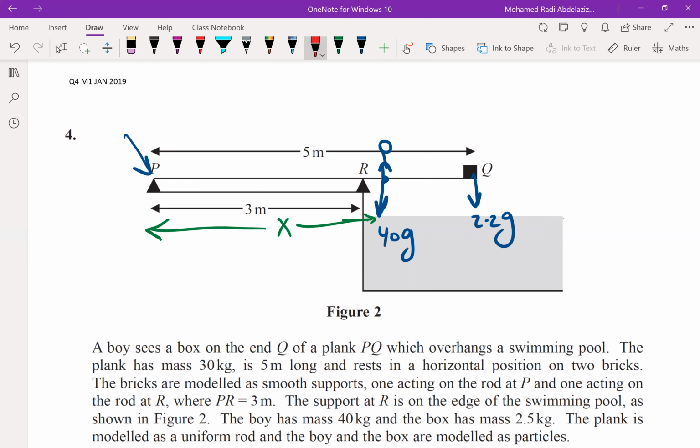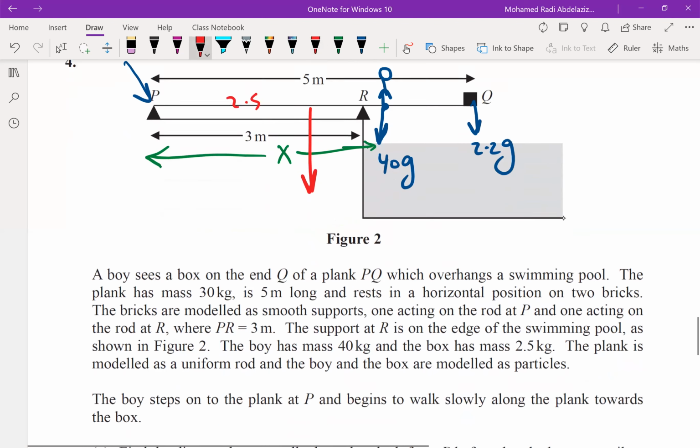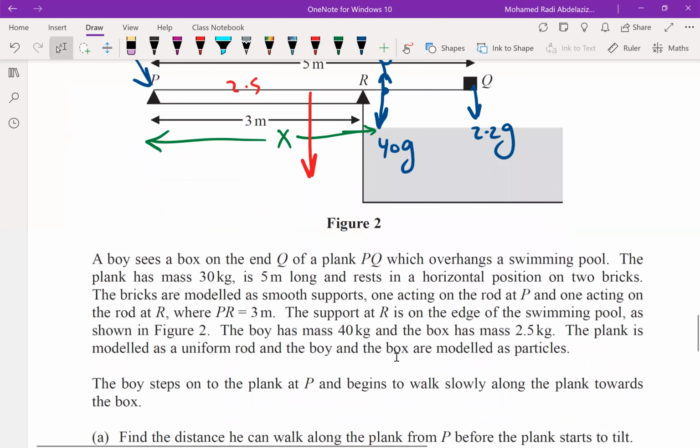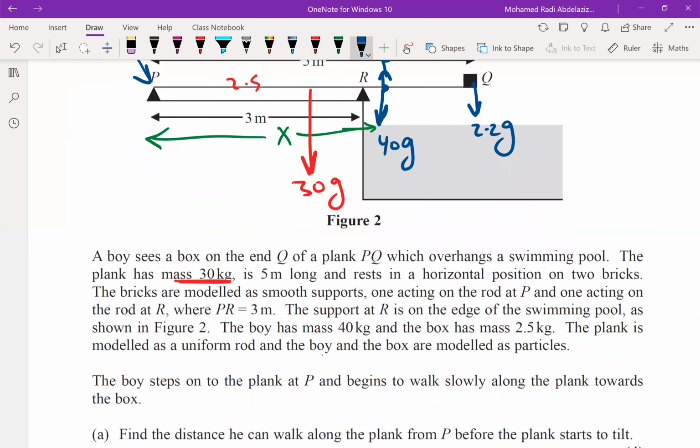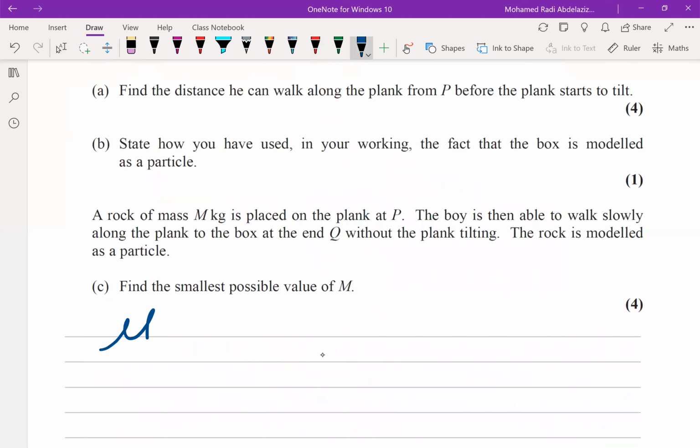So the uniform rod means the weight acts in the middle, so 5 divided by 2, 2.5 meter. And its weight, the mass of the plank is 30, so the weight is 30 G. When we try to get the moment at P, moment at P is equal to 0.